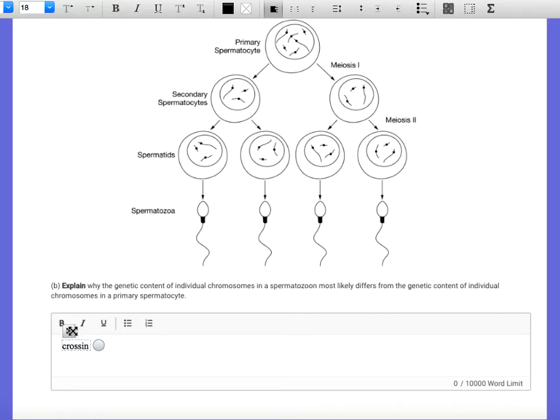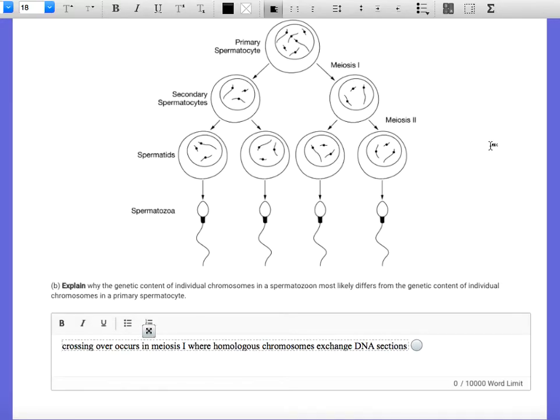So we're going to say crossing over occurs in meiosis 1, where, if you must use the proper terminology, homologous chromosomes exchange DNA sections.